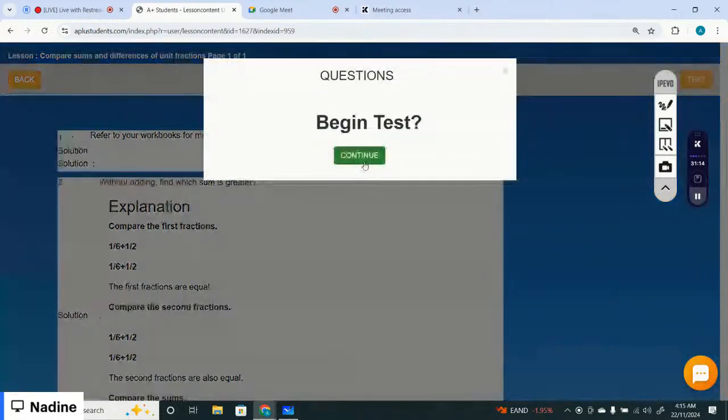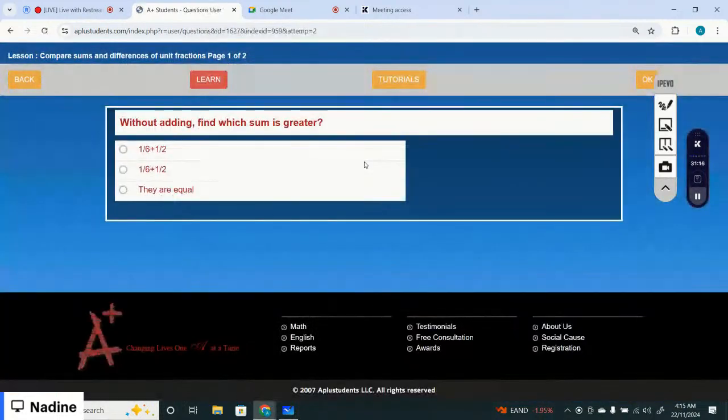Let's just start with the test questions. Without adding, which sum is greater? You have the same numbers. How do we know which sum is greater?